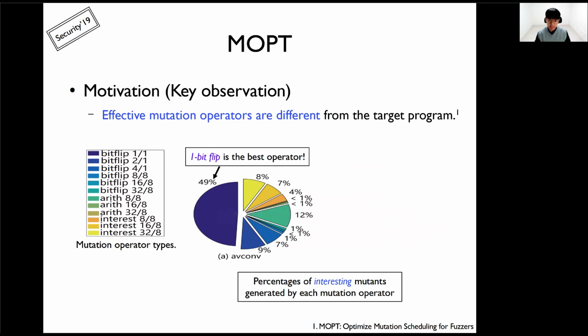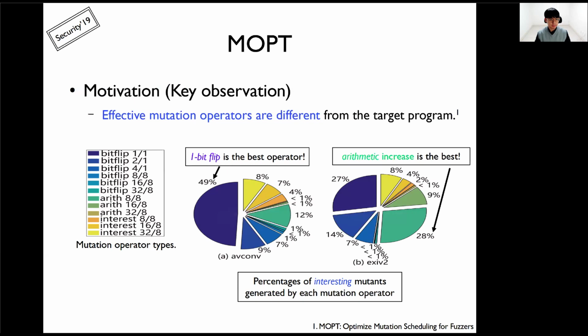So what about testing other programs? When testing another open source program, EXIV2, the most effective mutation operator is the 1-byte arithmetic increasing operator, at 28%.